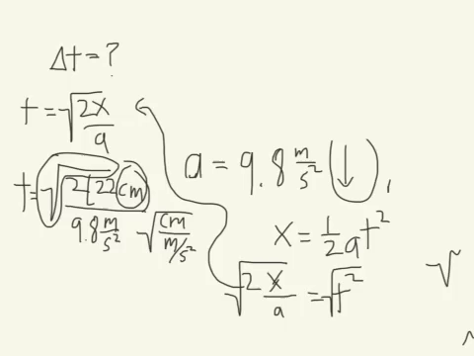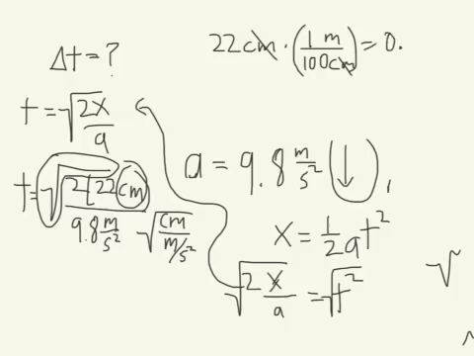But let's convert that 22 centimeters to meters. Here's our conversion factor. We want to put centimeters on the bottom so it'll cancel. We know there's 100 centimeters in 1 meter. 22 divided by 100 is 0.22 meters.